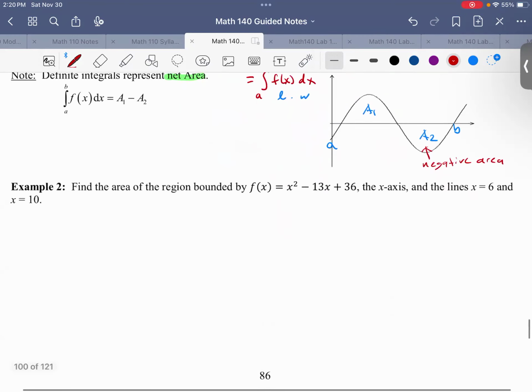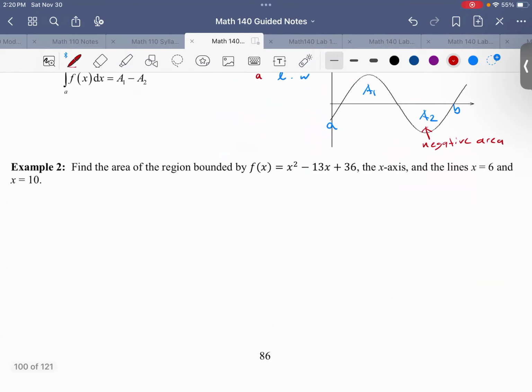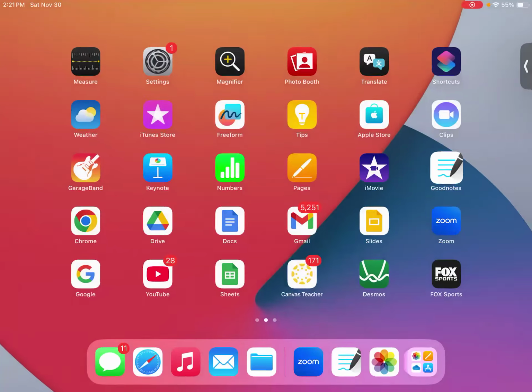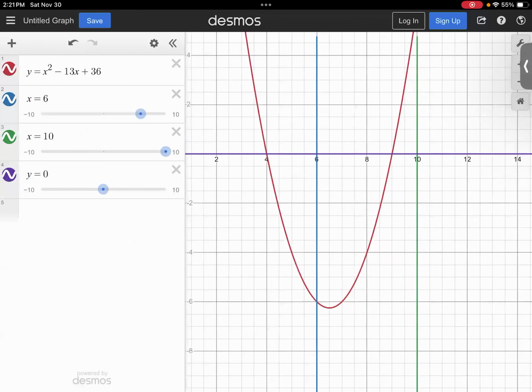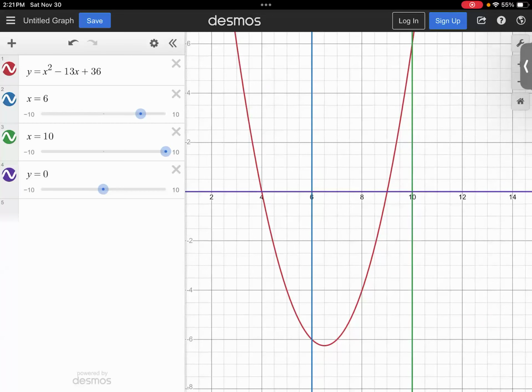Okay, let's go over example 2. Example 2 says, find the area of the region bounded by f of x equals x squared minus 13x plus 36, the x-axis, and the lines x equals 6 and x equals 10. So I want to find the area. Let's jump to Desmos and check this out. I already have it graphed out for you guys. So here's a function.